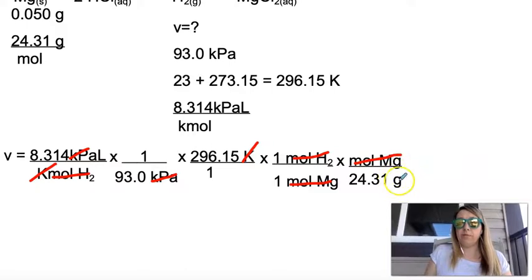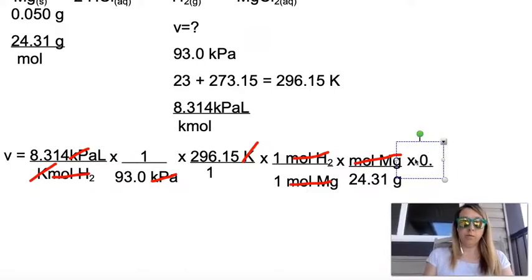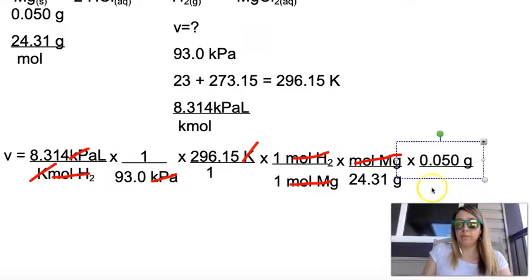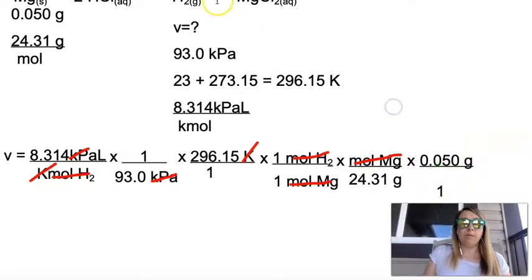Last thing we need to get rid of is the grams of magnesium. So we're going to times by 0.050 grams. And again, we're just going to put that over 1. Now when we have a look at all of those units, we got rid of grams. Everything is gone. Just the liters is left, okay?